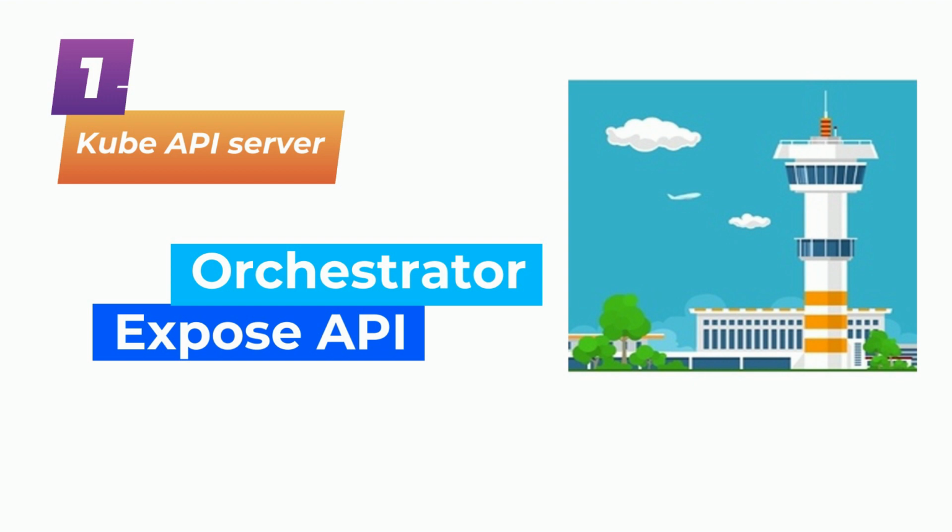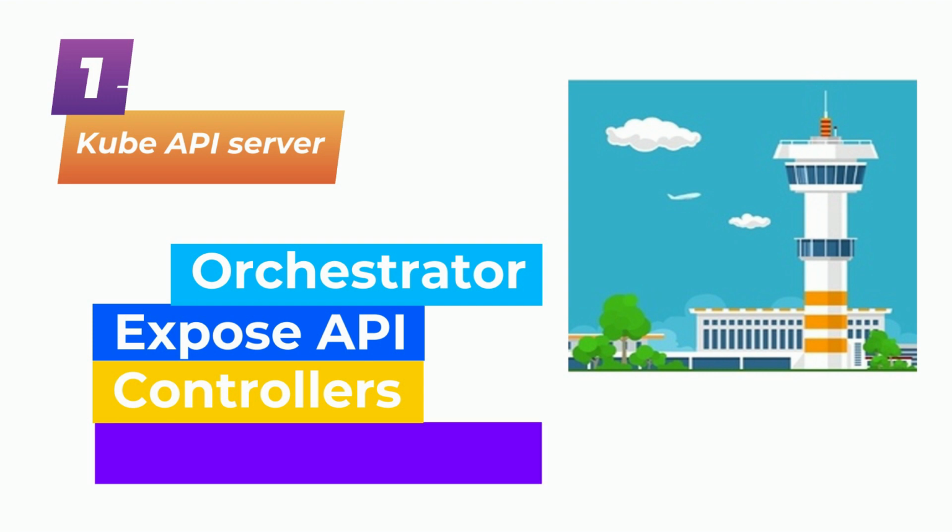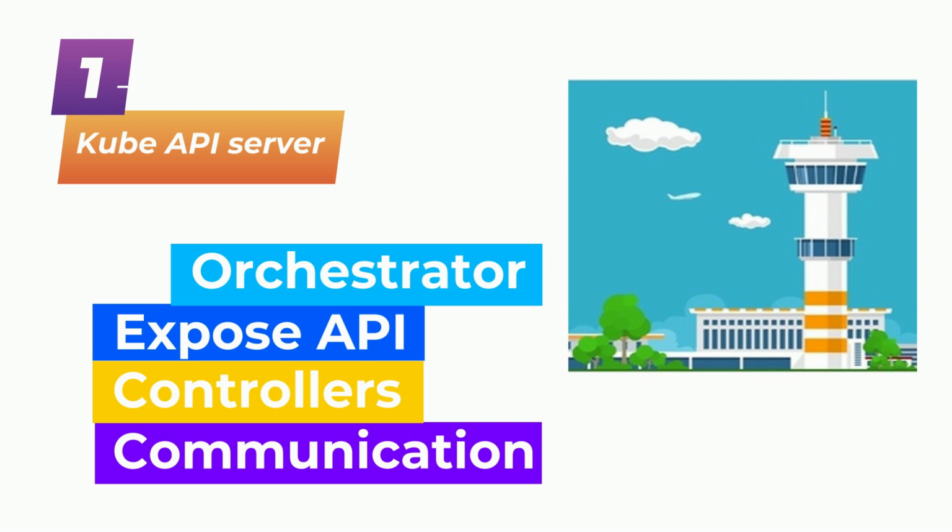The Kube API server exposes the Kubernetes API, which is used by external users to perform management operations on the cluster, as well as by various controllers to monitor the state of the cluster and make necessary changes as required. These APIs are also used by the worker nodes to communicate with the server.